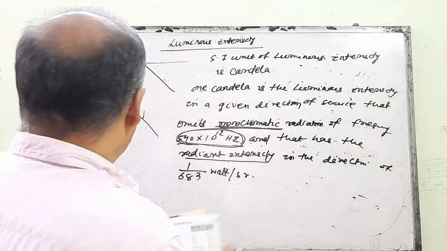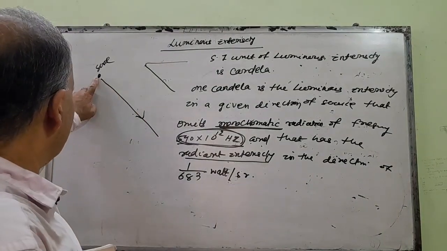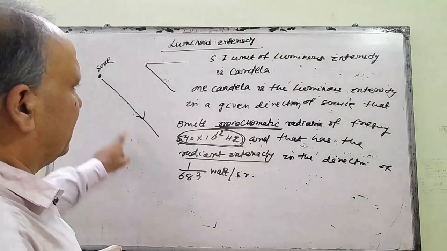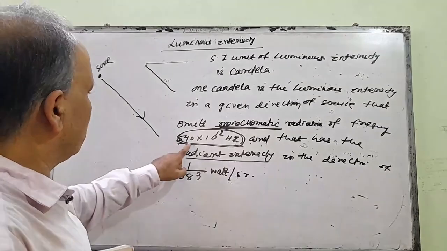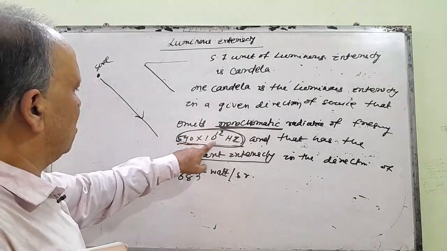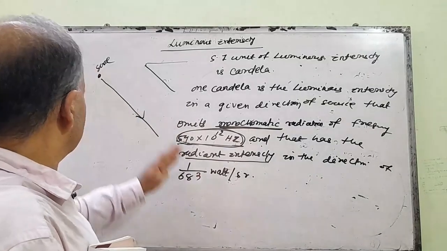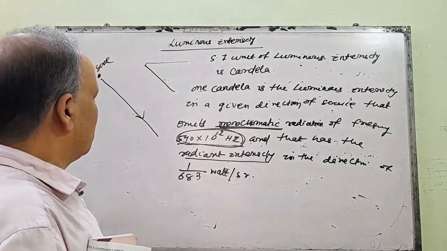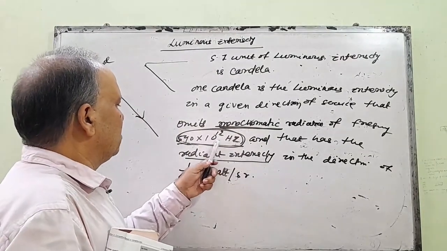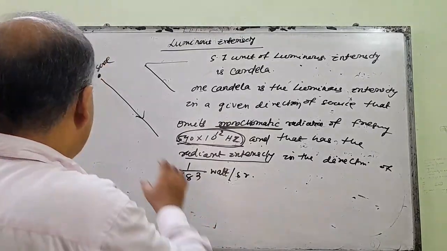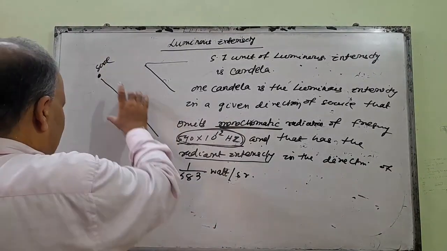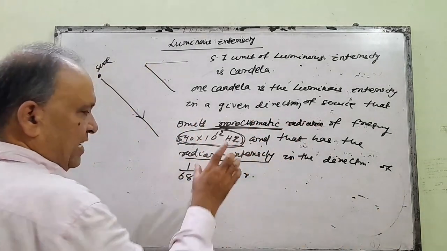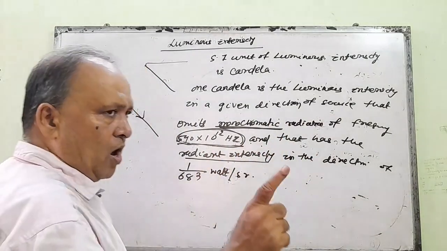1 steradian. Suppose you take one source, from this source in a given direction, a monochromatic radiation is going, whose frequency, you remember, is 540 into 10 to the power 12 hertz. This radiation has a certain radiant intensity, measured in terms of watt.